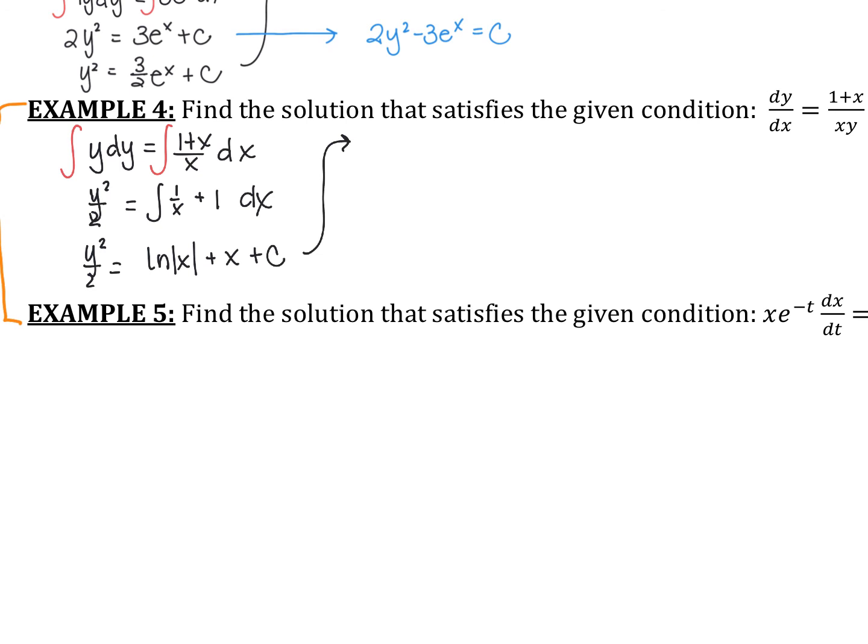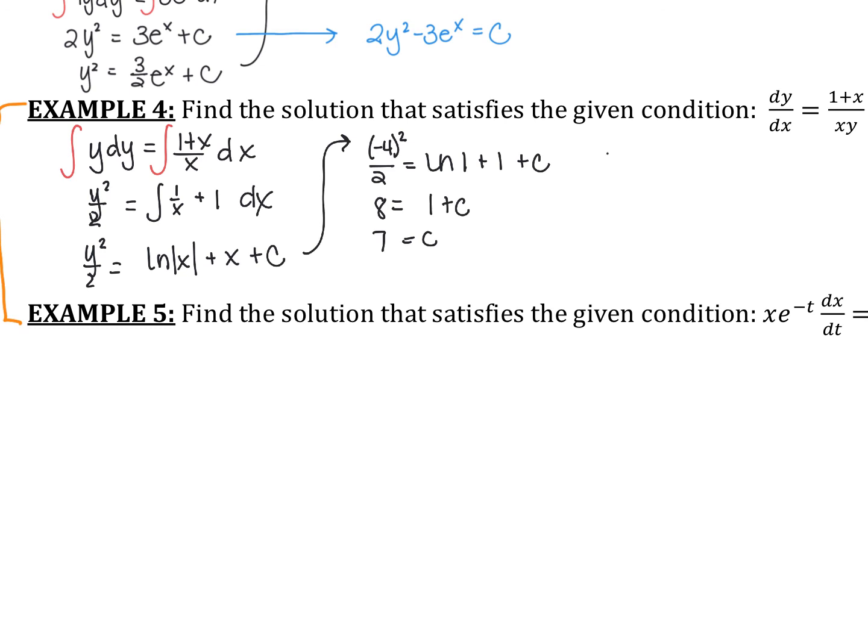So we would get negative 4 squared over 2 equals the natural log of 1 plus c, which gives me 8 equals 0 plus 1 plus c, so c equals 7.